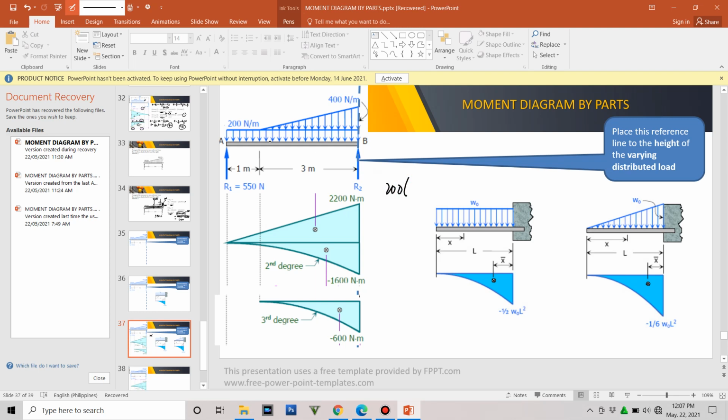Ang length natin is yung buo, yung nasakop ng distributed load, that is 4. This shall be squared, 4 all over 2. Okay? 16 times 100 is actually 1,600. So, ito yun. Okay, for this triangular load or varying load, ayan, nakadikit na siya dyan. So, applicable na tong formula na to.